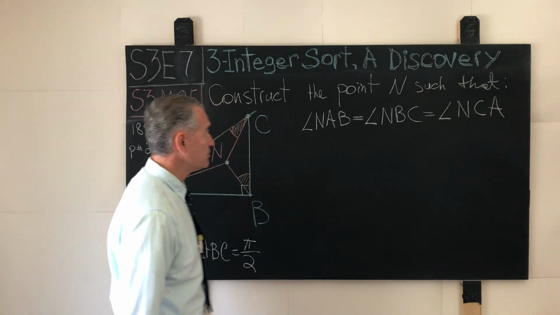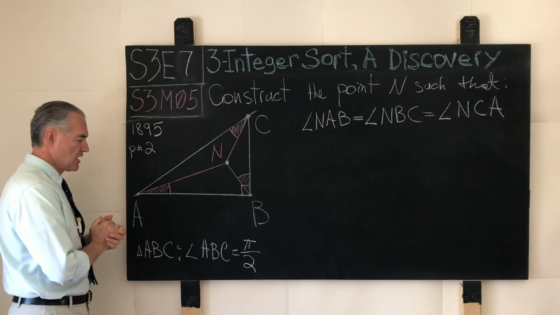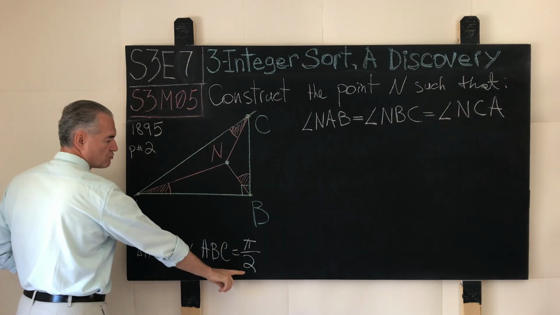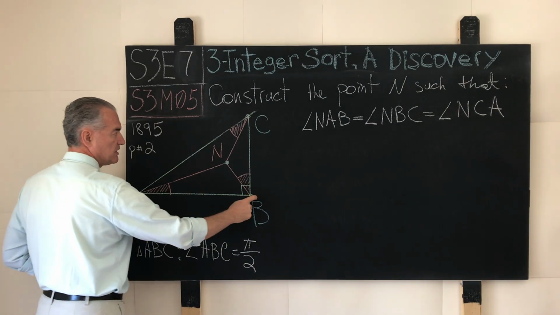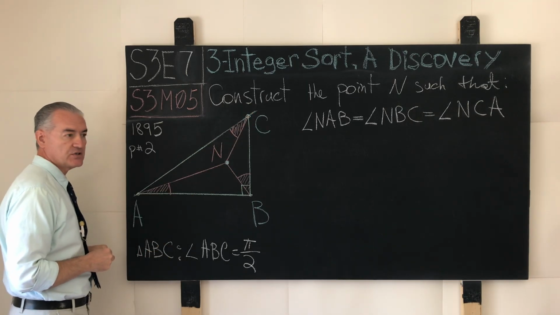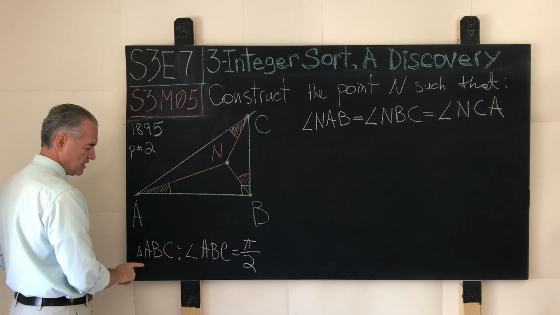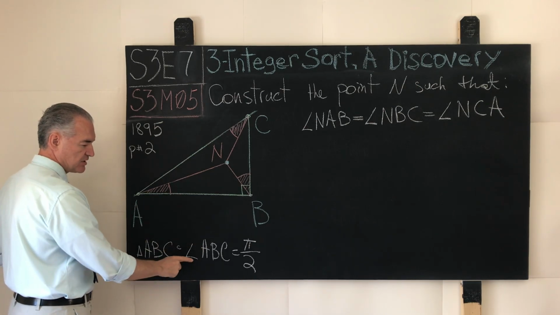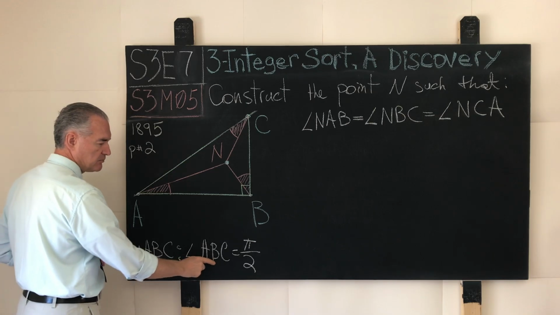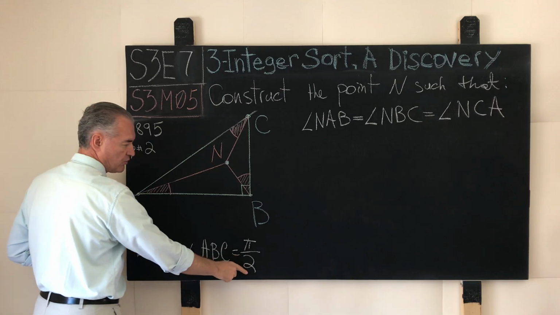So the challenge in this competition is the following. Given a right triangle ABC, the magnitude of whose interior angle at B is precisely pi over 2 radians. The triangle ABC is such that the angle ABC is pi over 2 radians.